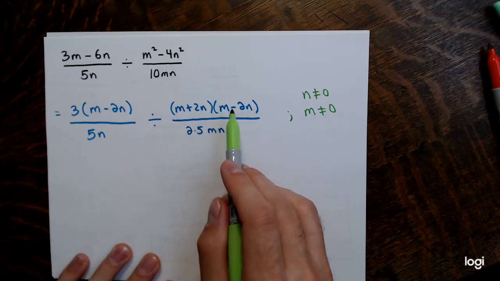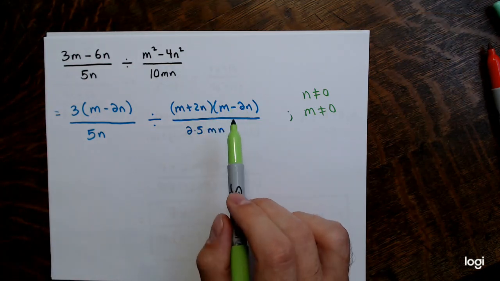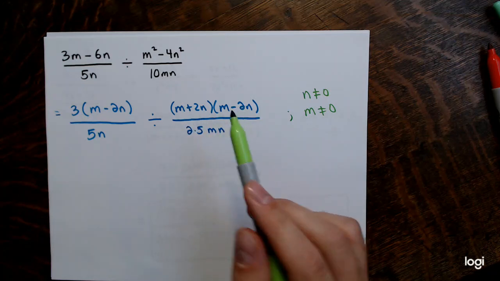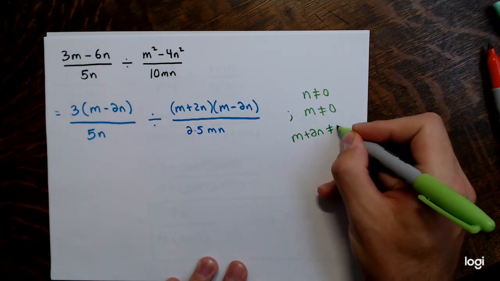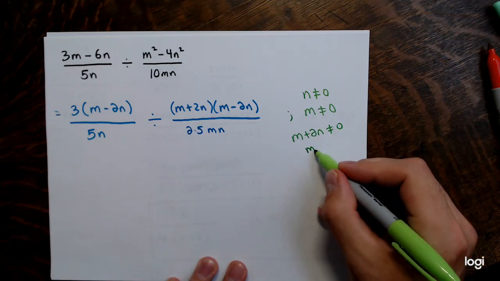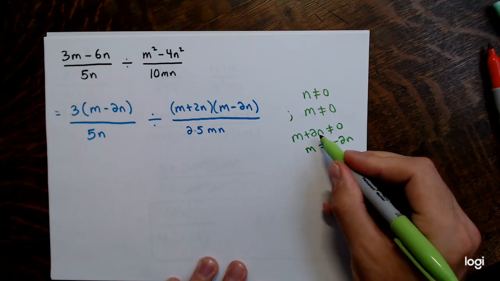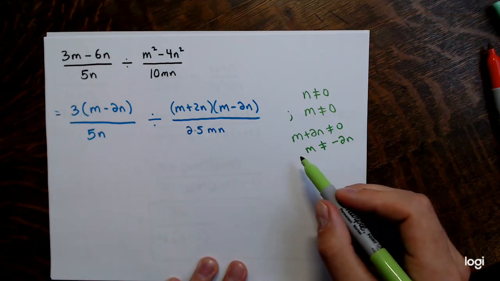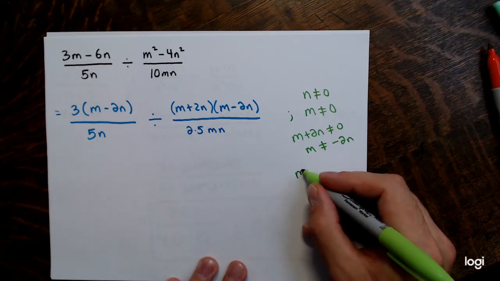And then these two, right? I'm going to be flipping this, so I'm going to be multiplying by the reciprocal. So these two can't be 0. So m plus 2n can't be 0, meaning that m cannot be equal to the opposite of 2n, if you subtract 2n. And the m minus 2n, this factor, can't be 0 as well.